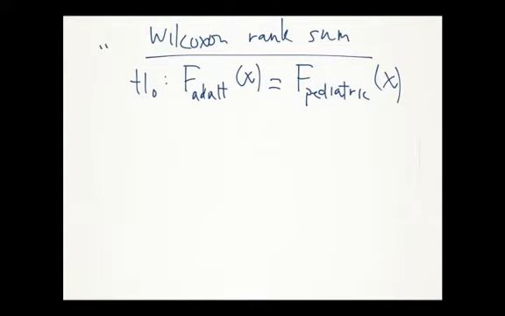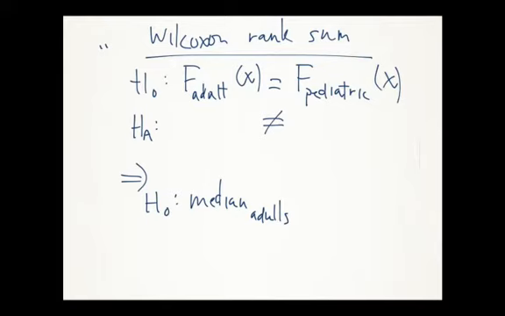And the alternative hypothesis is that the distributions are not equal. But if we assume that the difference between the distributions is just a shift in their location, then we could just write it in the way that we had before, namely that the median in adults is equal to the median in kids, and then the alternative would be that the medians are not equal.